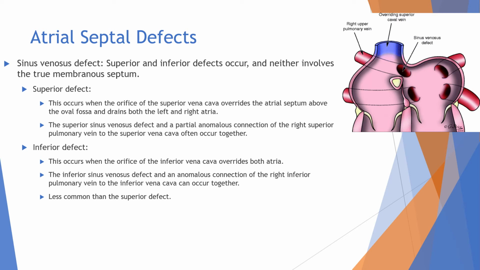So the superior defect is the overriding of the superior vena cava, and the inferior defect is the overriding of the inferior vena cava. This diagram over here shows the superior vena cava overriding, and it'd just be the same for the inferior vena cava for an inferior defect. The inferior defect is less common than the superior defect.